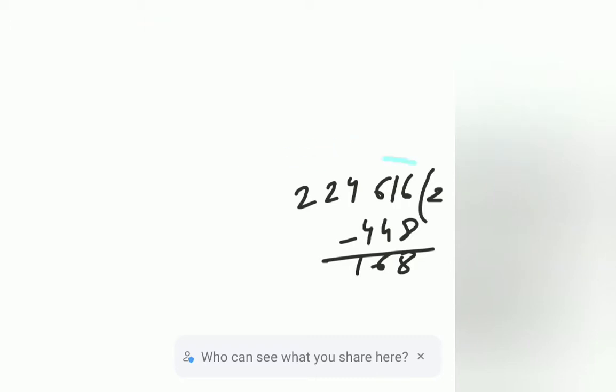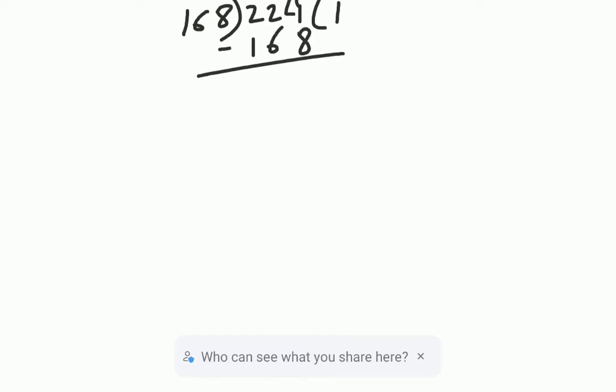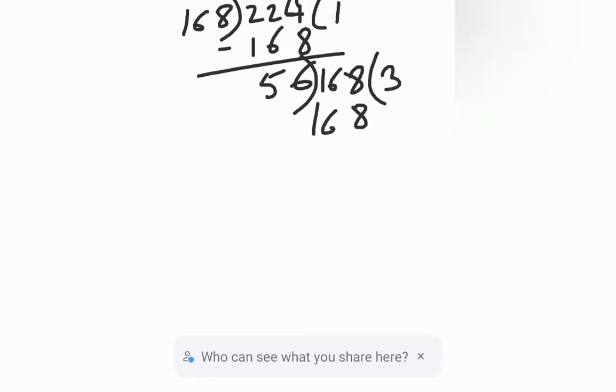There is not enough page, so I am going to the next page. So here the HCF is 56, which is the last divisor.